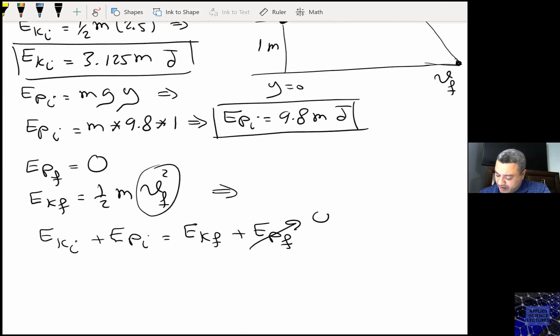Substitute EKI with 3.125 m. Substitute EPI with 9.8 m equals EKF, which is half m VF squared. Again, m is going to cancel.